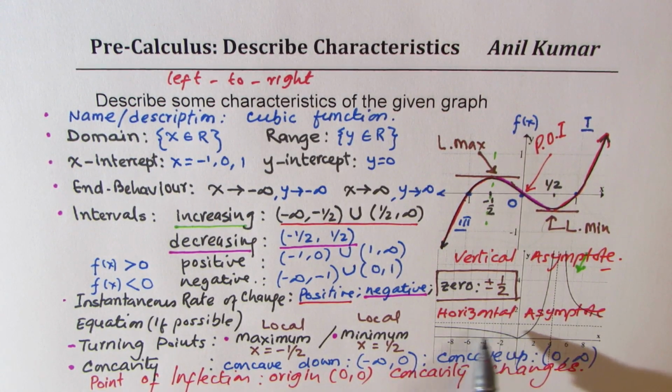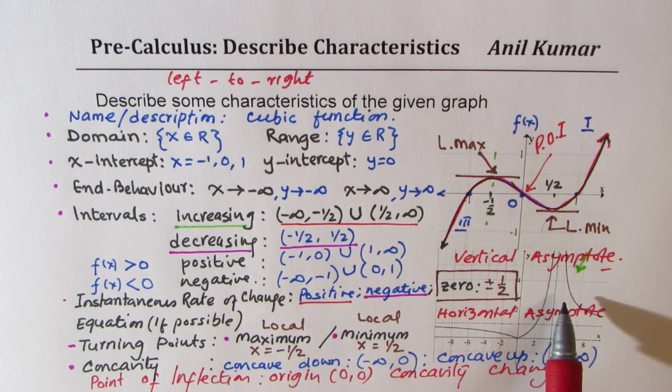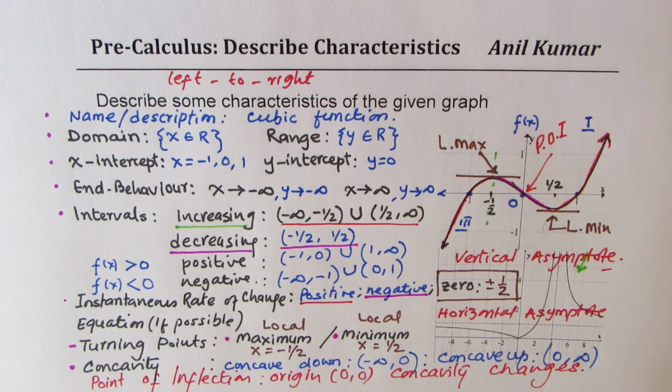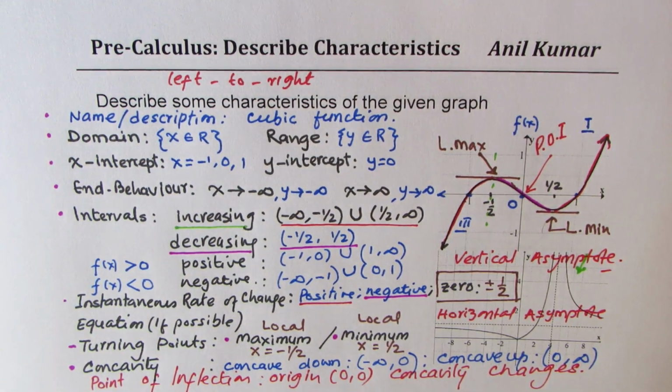Horizontal asymptote, as you can see, is where the function approaches but is never there. Vertical asymptote is the value which is not in the domain of the function, but the function is approaching infinitely large value, right? So now let's focus on this second graph and understand how to describe such graphs.